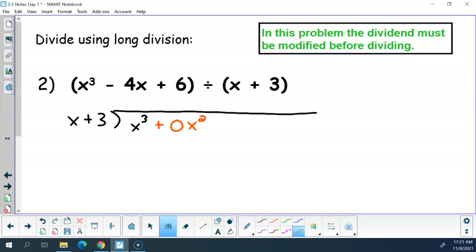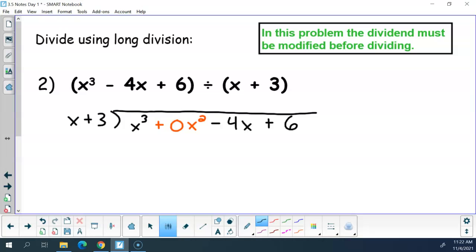Plus 0x squared. Yeah, that makes it easier, because there's no x squared count, and I need an x squared count, right? Then minus 4x, then plus 6.